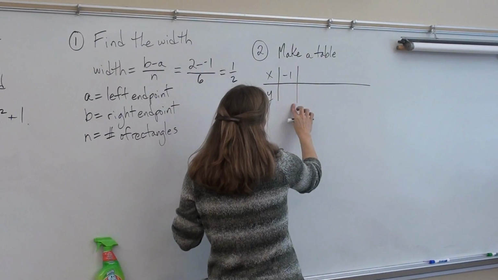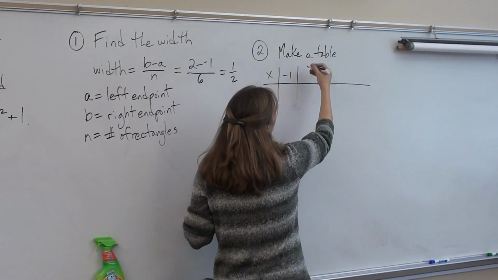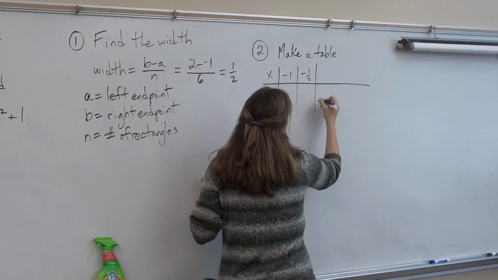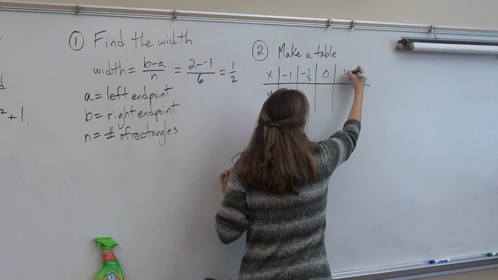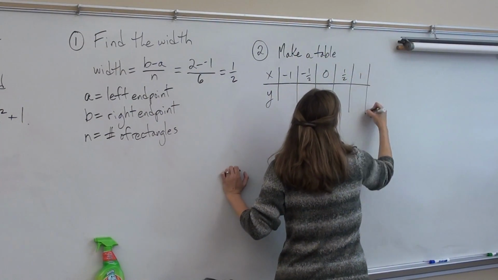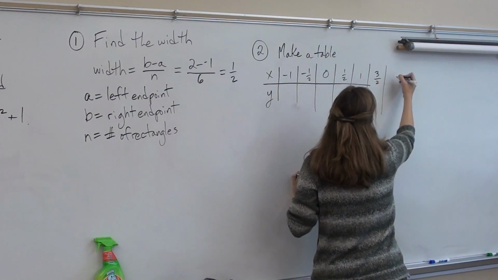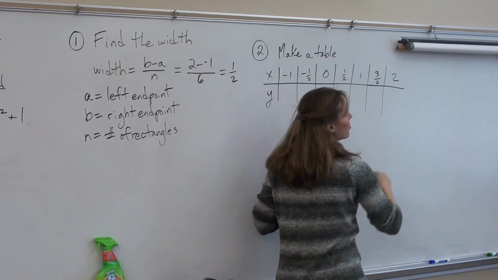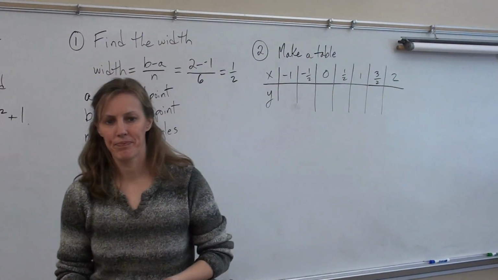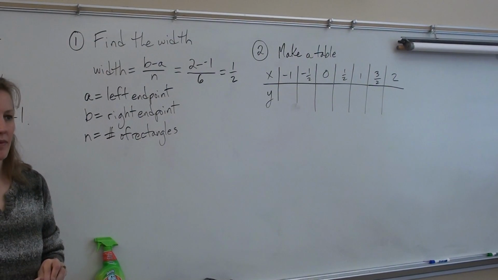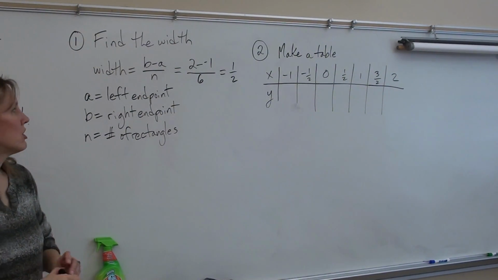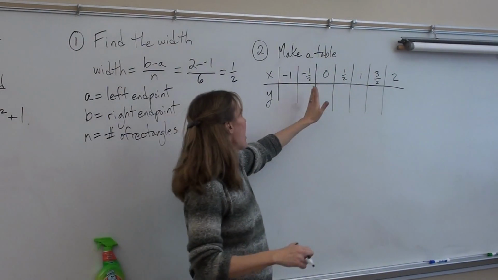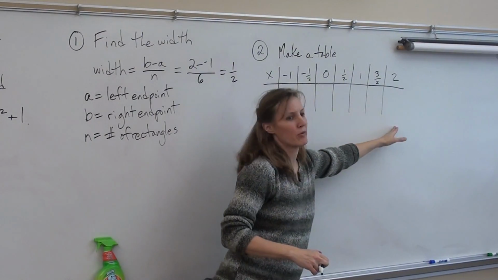So if we start at -1 and then we go a half over, so now we're at -1/2, then we're at 0, 1/2, 1, 3/2, 2, and when you hit your right bound, you stop. So you start at the left bound and then you just add widths until you get to the right bound and then you stop.